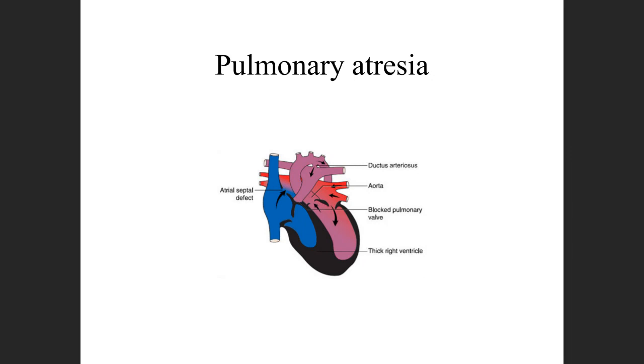And these patients are cyanosed. And we can see that there is no ability for blood to pass from the right ventricle into the pulmonary artery. And the right ventricle is usually very thick and has a small volume capacity.